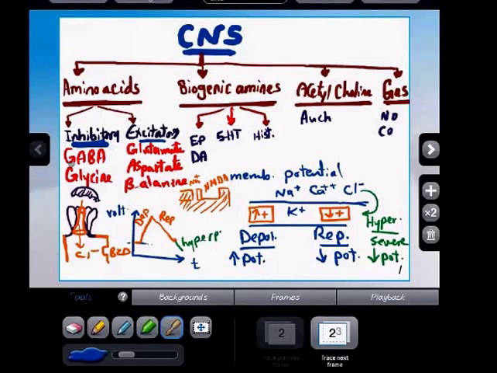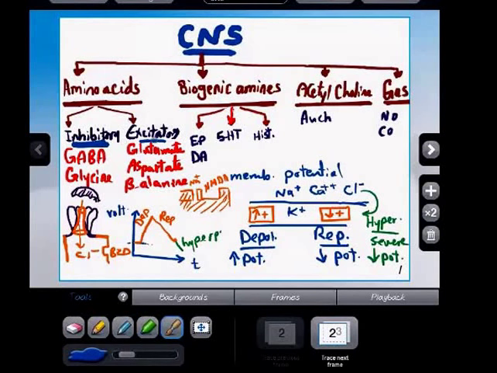So GABA is present in the brain, and it is accompanied by opening of the chloride channel, letting chloride enter, leading to hyperpolarization, which means an inhibitory effect. This inhibitory effect is sedative, hypnotic, anticonvulsant, and anxiolytic.